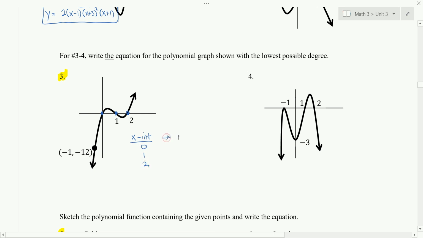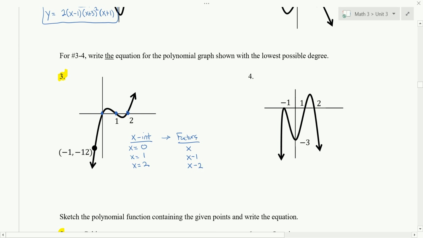We can convert these to factors. If x equals 0 here, then our factor is x. If x equals 1, then our factor is x minus 1. And if x equals 2, our factor is going to be x minus 2.